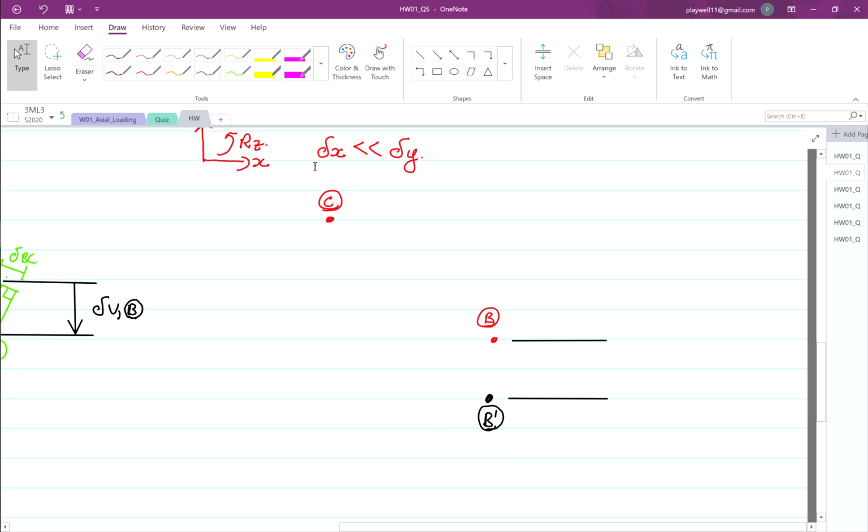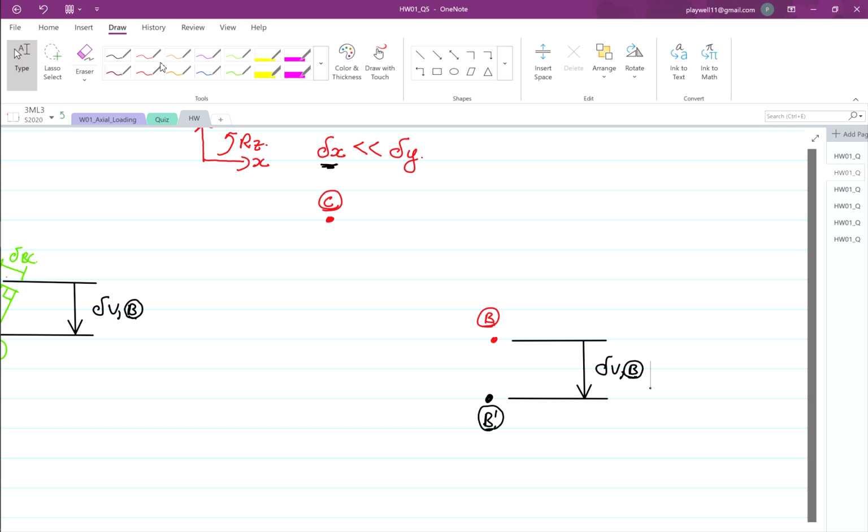Why vertically coming down? Because we say the deflection of x is very, very small. So in the end of the day, we want to determine what is our dv prime, dv at point B.